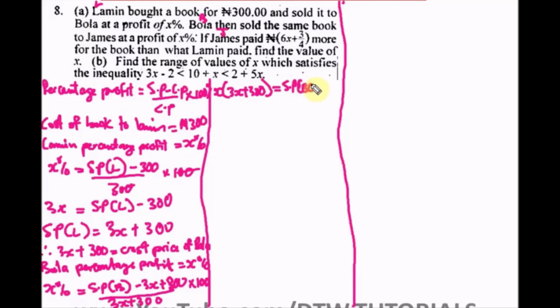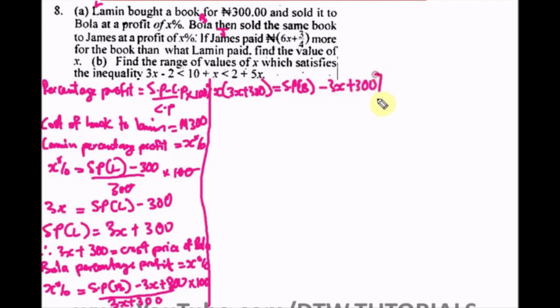Okay, the selling price of Bola, then let me erase this line here so we can have space here. Okay, so the selling price of Bola then minus 3x plus 300.